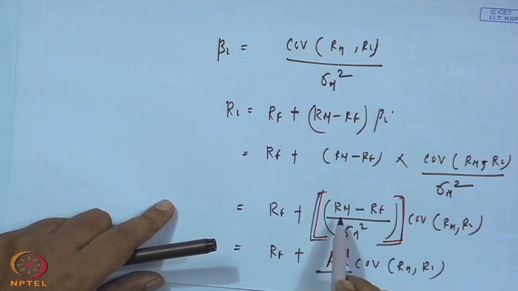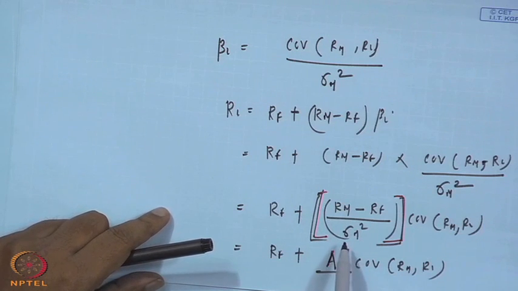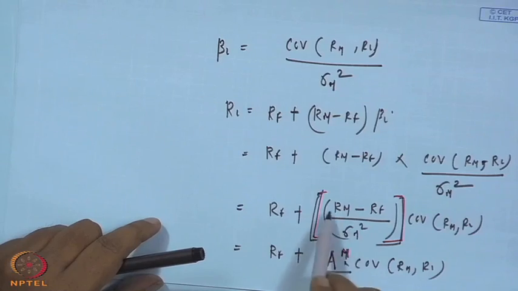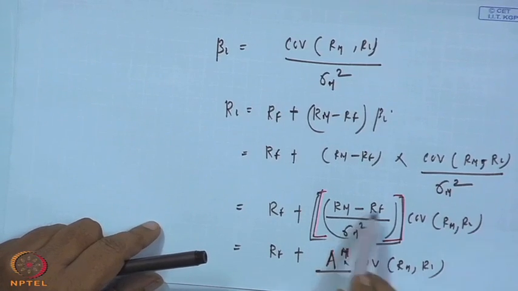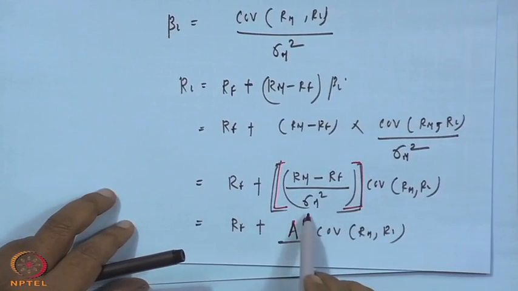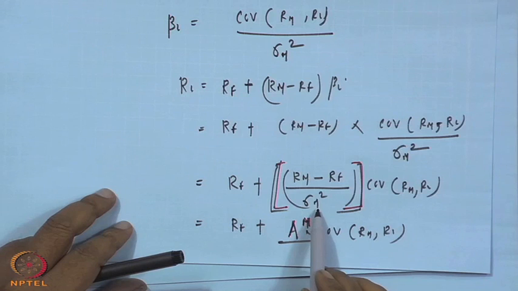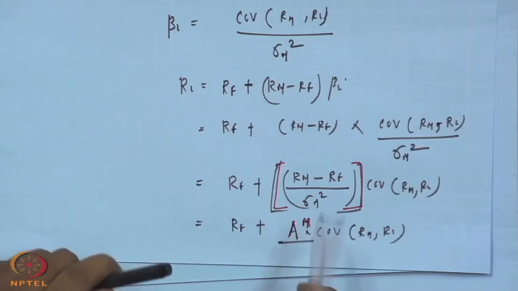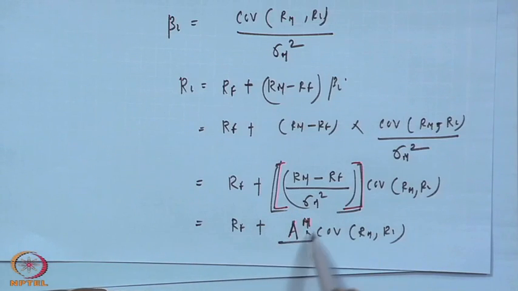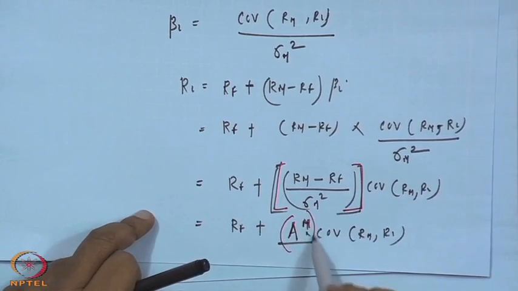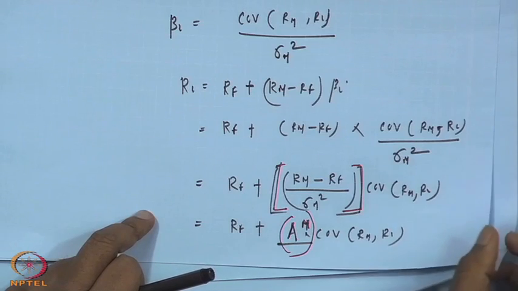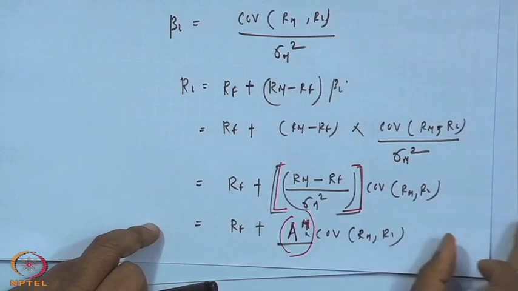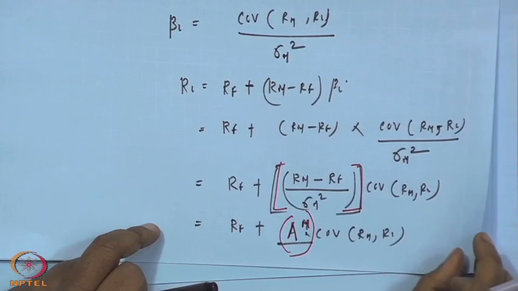This Am tells us the risk premium, Rm minus Rf, divided by the volatility of the market. This equation is the aggregate risk aversion measure. Am is nothing but the aggregate risk aversion measure, how much risk aversion there is.